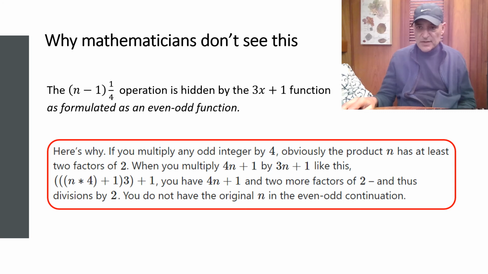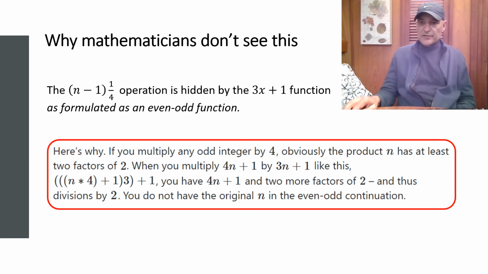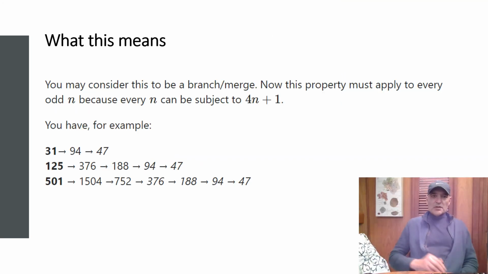That original n is missing, and this makes it look like a different sequence. So what this means is you may consider this continuation to be a branch or a merge. And this property must apply to every odd n, because every n can be subject to 4m plus 1. You can always multiply a number by 4 and add 1 in every case.